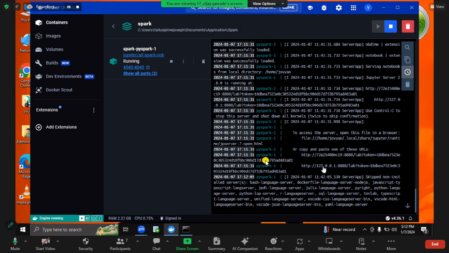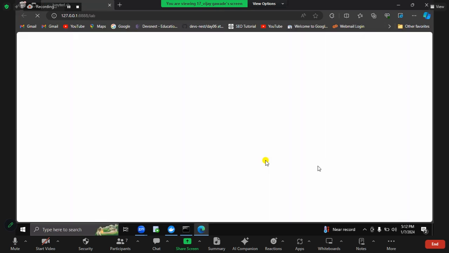Click, it will take some time, because that's the Jupyter notebook, it opens by default. See, it opened now. Jupyter Lab.